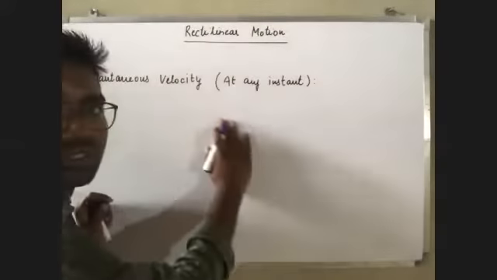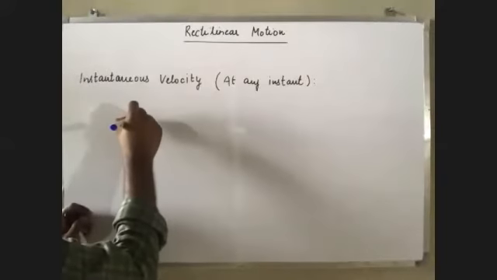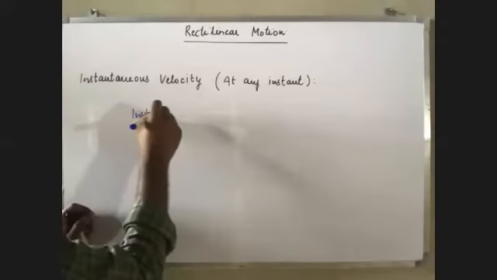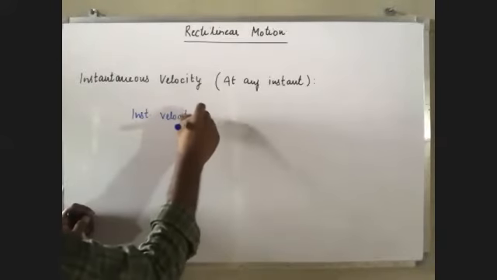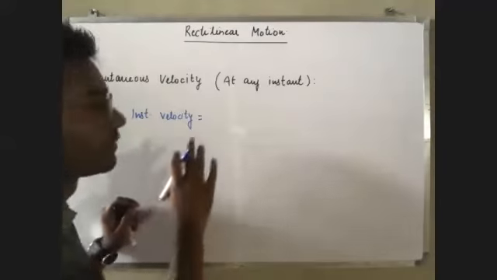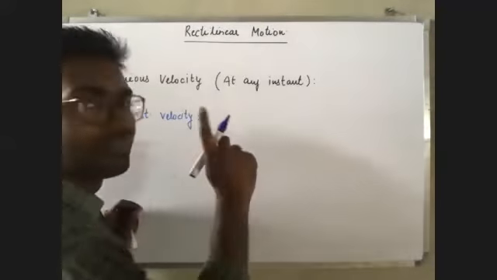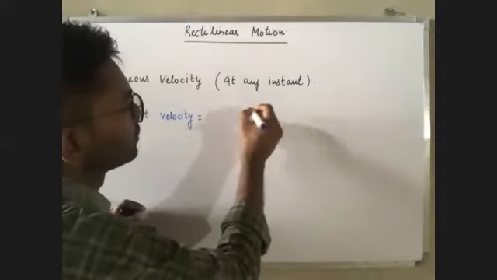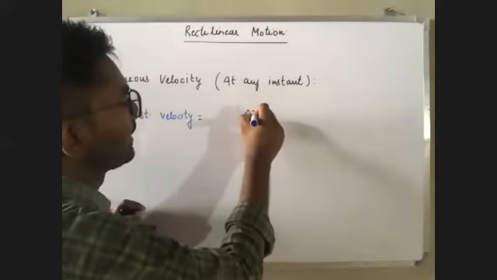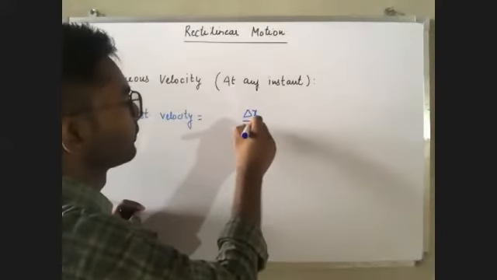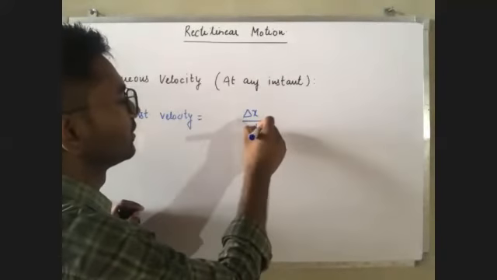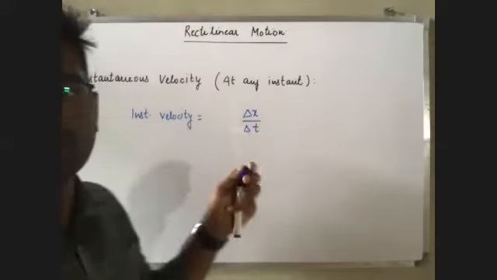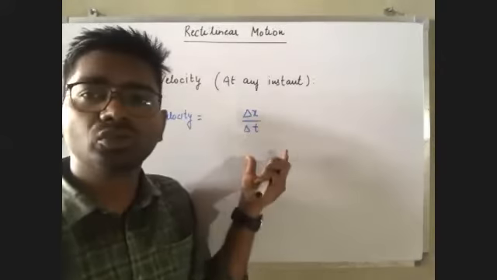Now, how are we going to define it? Instantaneous velocity. If you look, the average velocity I showed you was delta x by delta t, total displacement by total time.